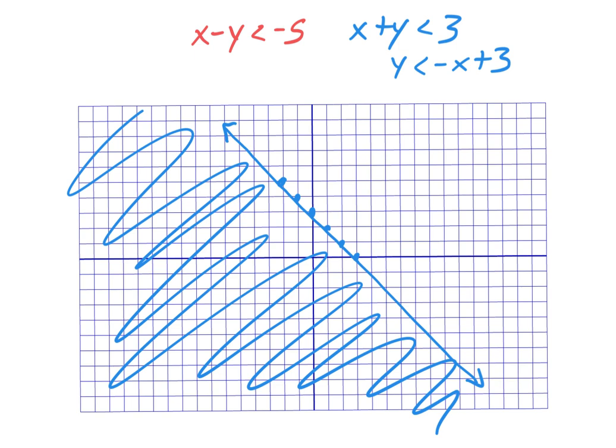Okay, now the one up here on the left, if I was going to solve for y on this one, what would be my first step? What are we going to start with? Subtract x. Yeah, get that x on the other side.